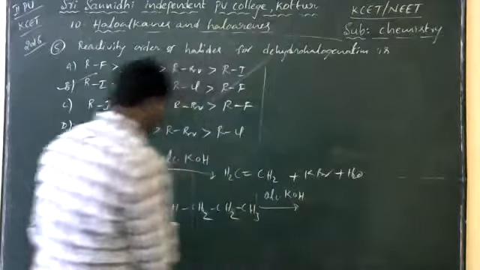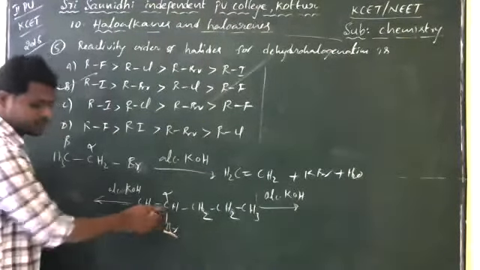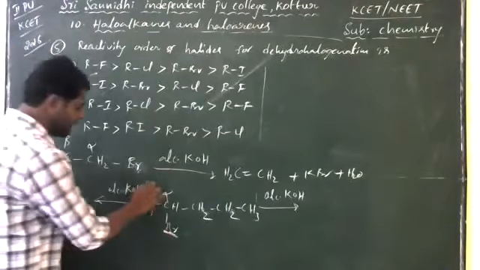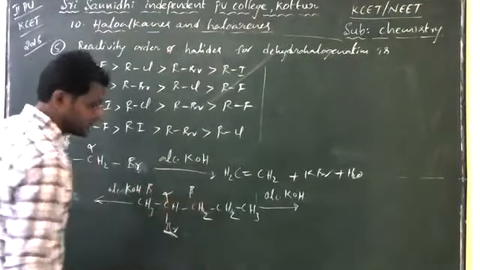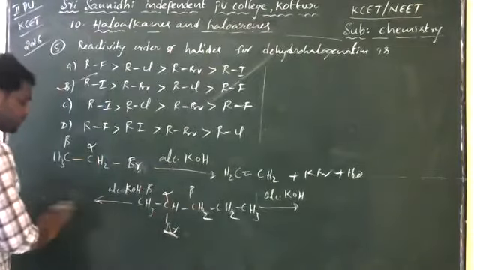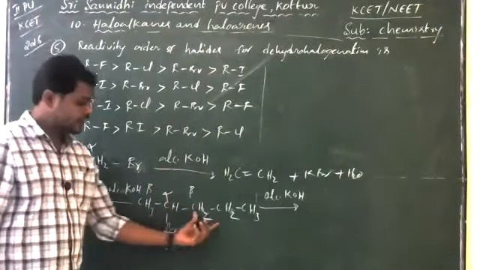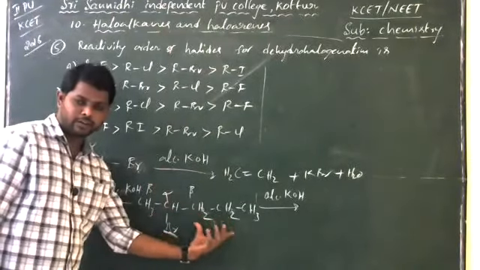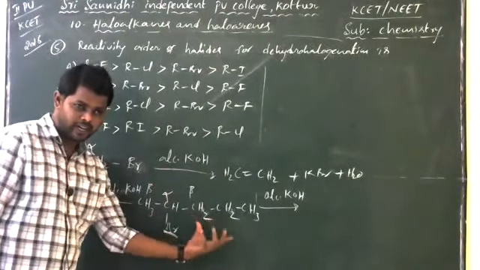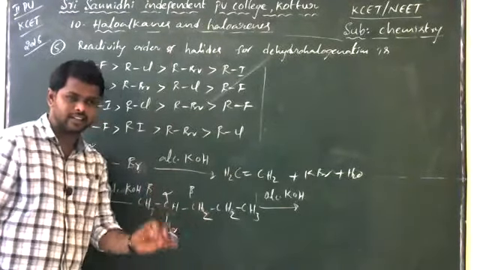So now the alpha carbon is this. From the alpha, Br is going to be eliminated, and from the beta we have two betas, one giving the major product and the other the minor product. The major product is obtained from the beta carbon having the bigger alkyl group. When you eliminate the hydrogen from it, the alkene formed is the major product.